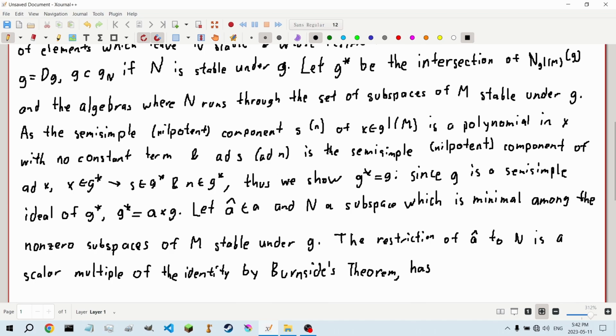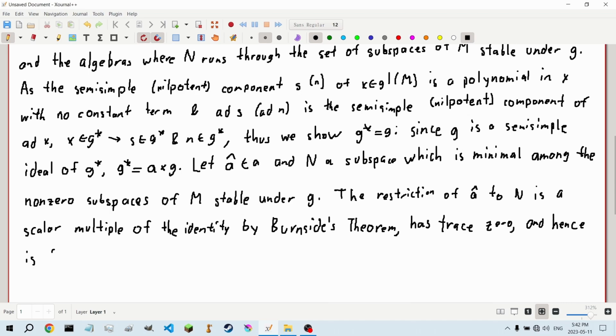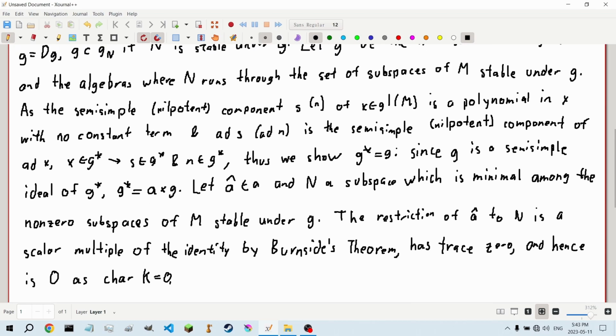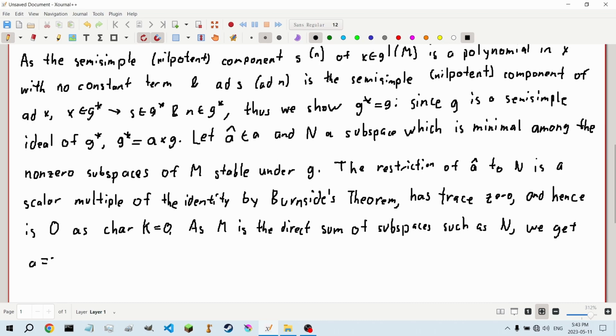It has trace 0 by definition, and hence is 0 as the characteristic of our field K is 0. As M is the direct sum of subspaces such as N, we get that A is 0 and that G star is just G.